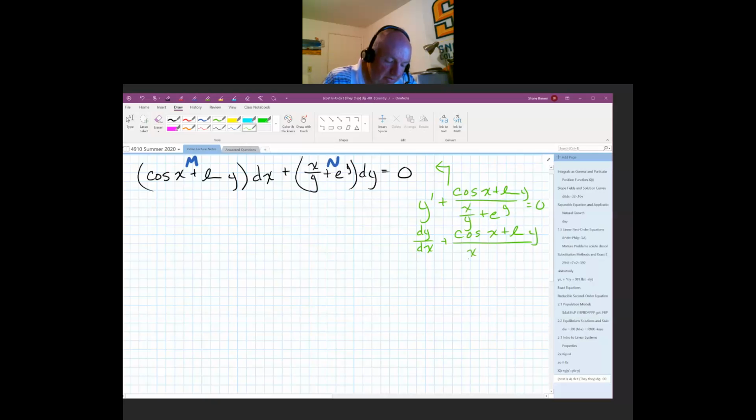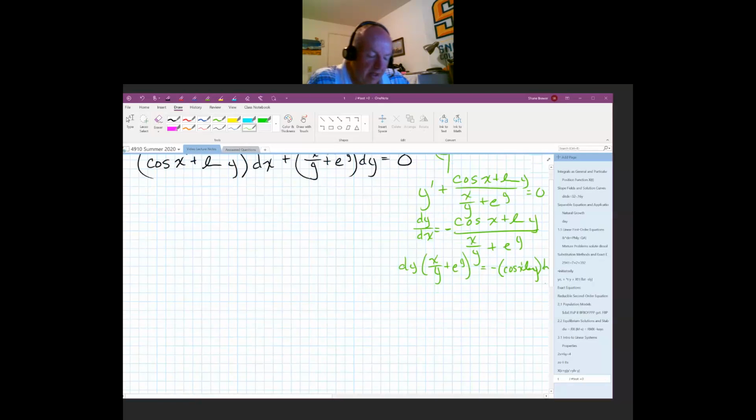this is an aside. This is bonus material, not having anything to do with your problem. So I'm going to take that term and move it to the other side so it becomes negative, and then cross multiply. So I get dy times xy plus e to the y equals negative cosine x plus ln of x dx, sorry.